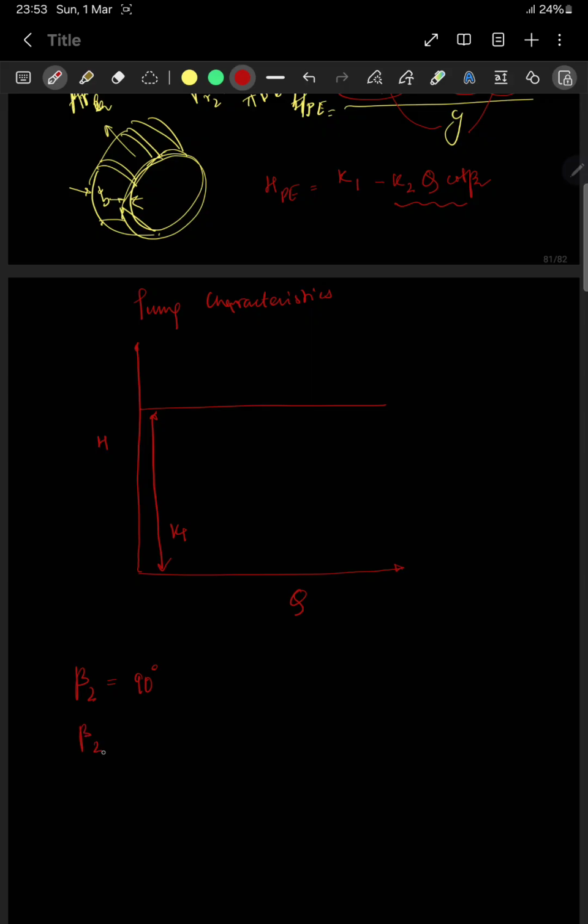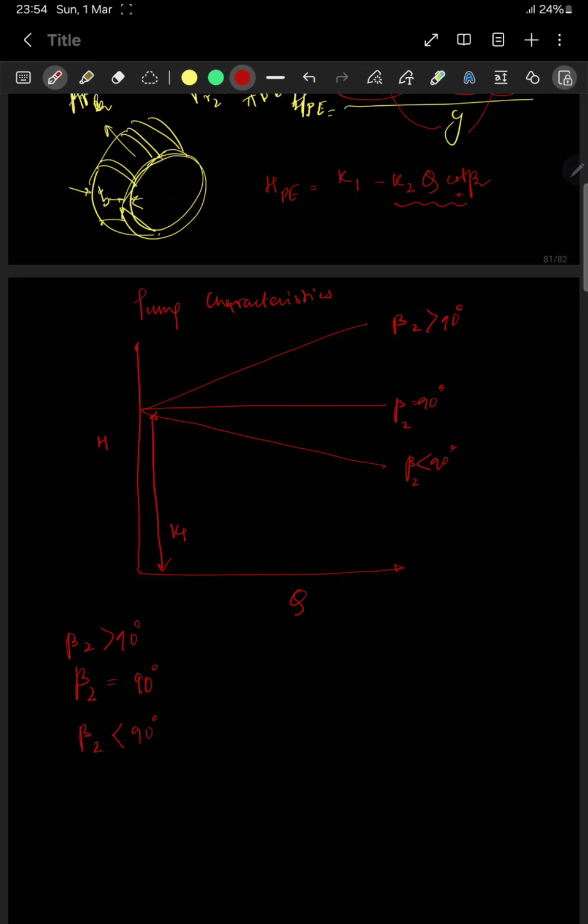When beta 2 is less than 90 degrees, this is positive, and so the entire thing becomes negative. When beta 2 is greater than 90 degrees, this is negative, so this becomes positive.